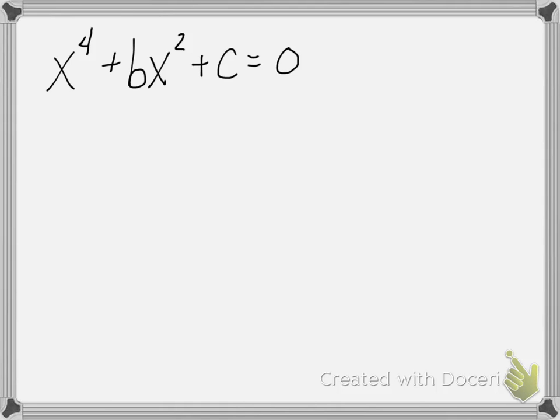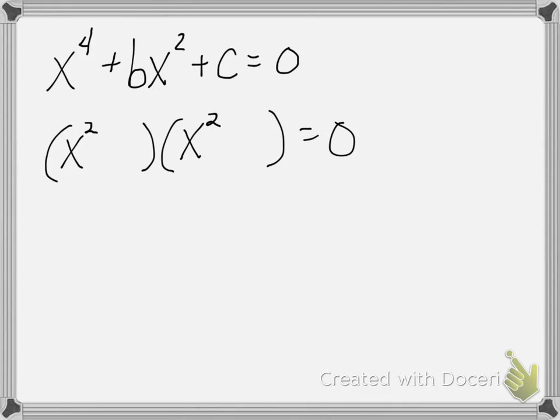The only difference is that instead of doing x and x like this, you're just going to use x squared, because in order to get your x to the fourth, you do x squared times x squared. But the same rules apply. To get your c value, you need two numbers that have a product of c and a sum of b. That's the only difference.